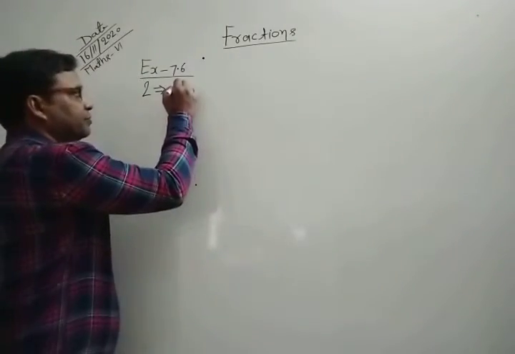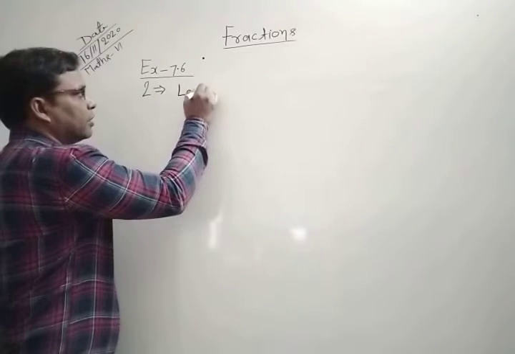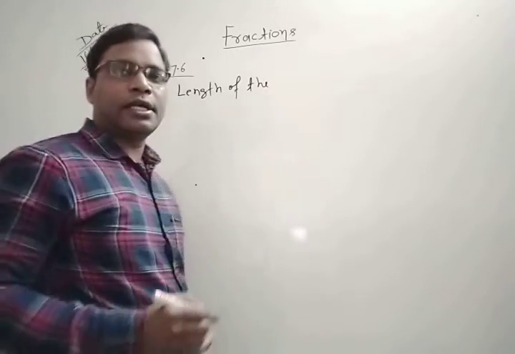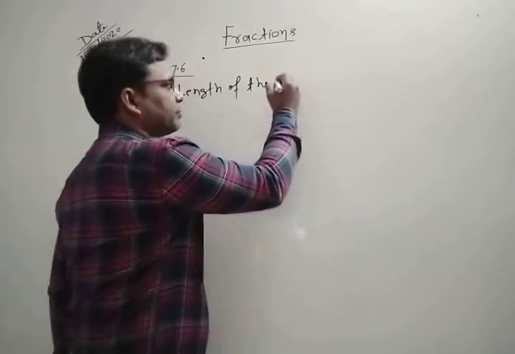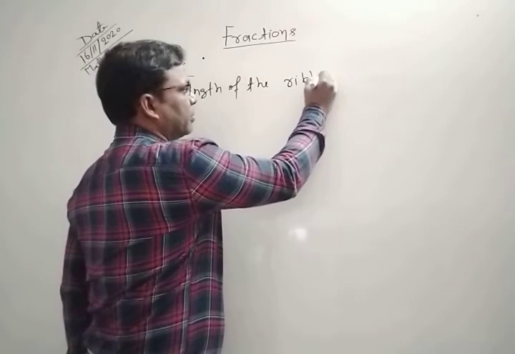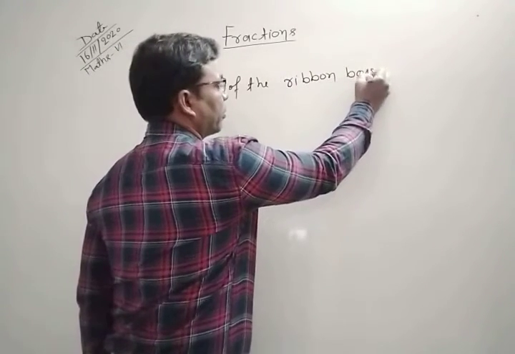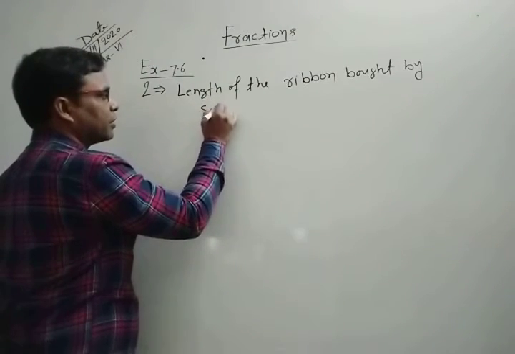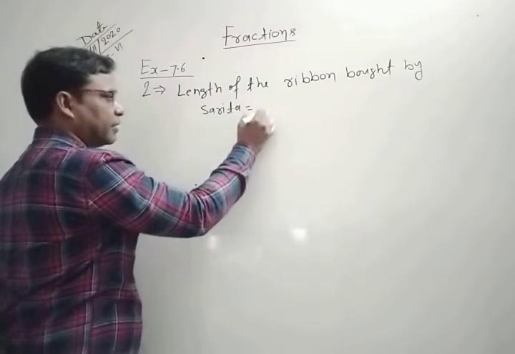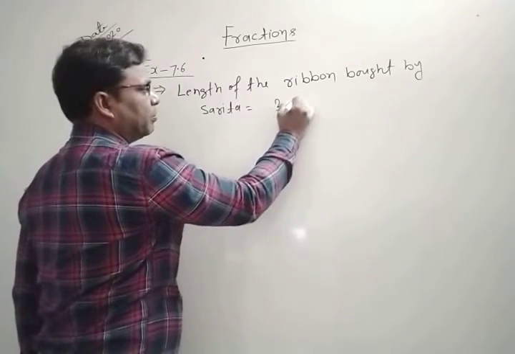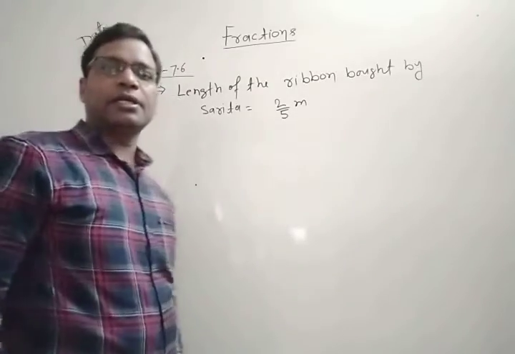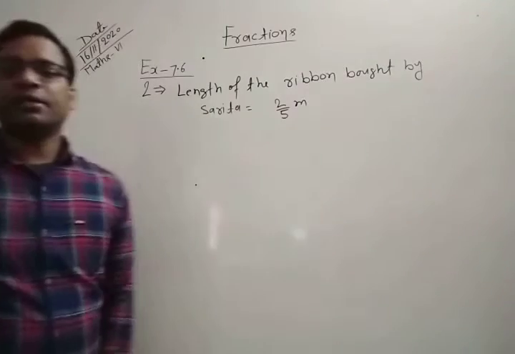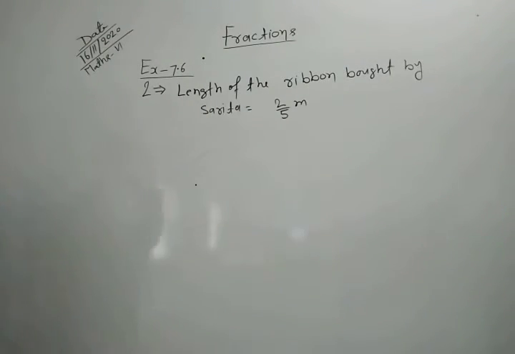So here we write: length of the ribbon bought by Sarita is given by 2 by 5 meter. Here m represents meter.